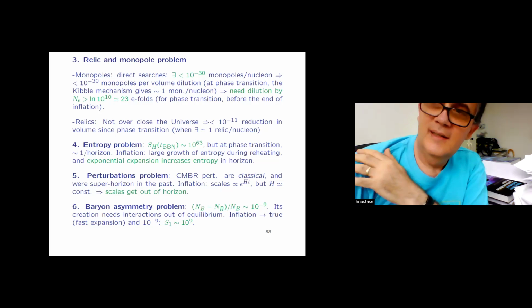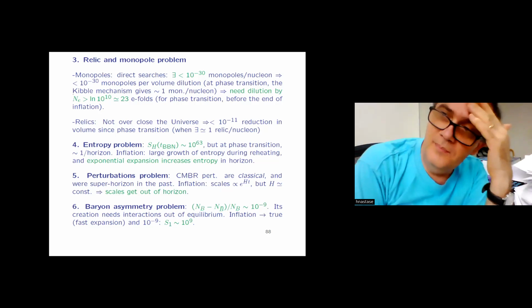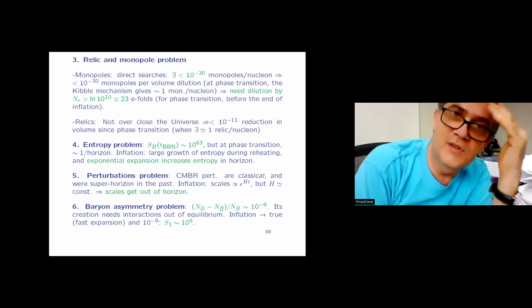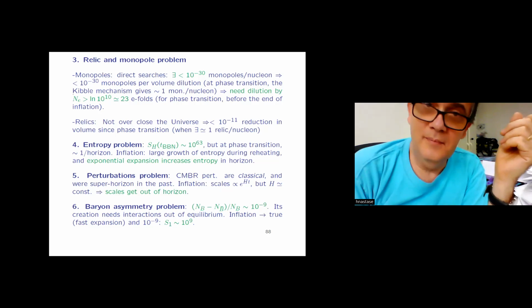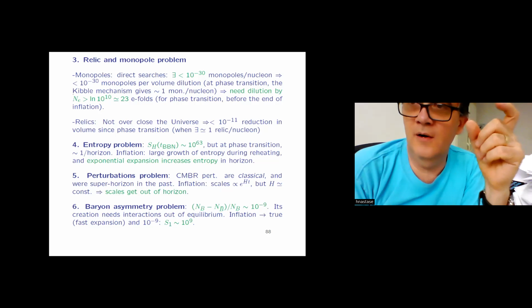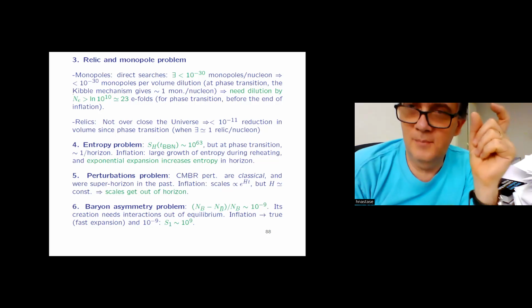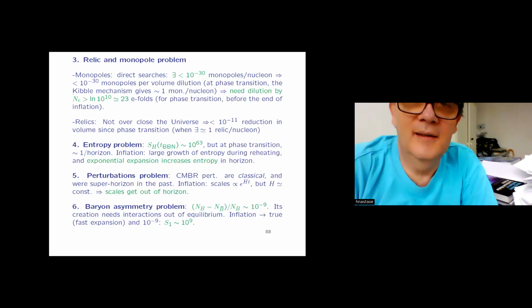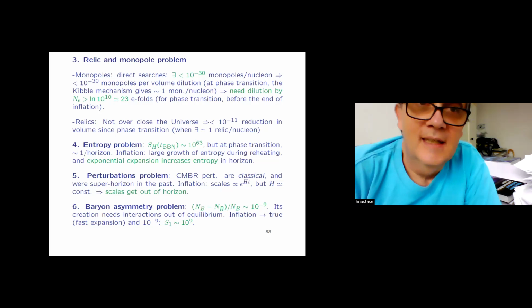Why is that? Because if you consider the Kibble mechanism that generates, by definition, monopoles at a phase transition, it generates one monopole per horizon. And so we should have seen a lot of monopoles, right? Of the order of one monopole per nucleon.